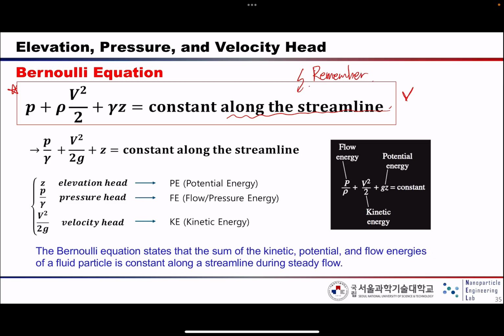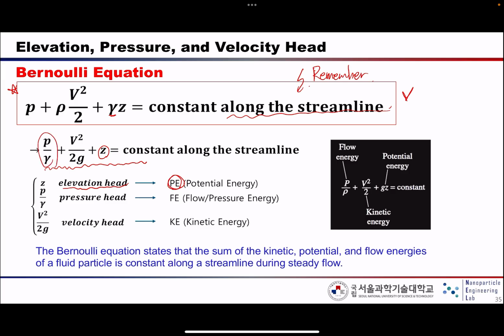If we divide by the specific weight, we can write the Bernoulli equation like this, right? This term represents the height, so we call it the elevation head; it represents the potential energy.